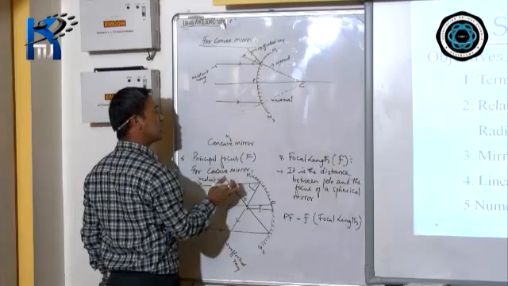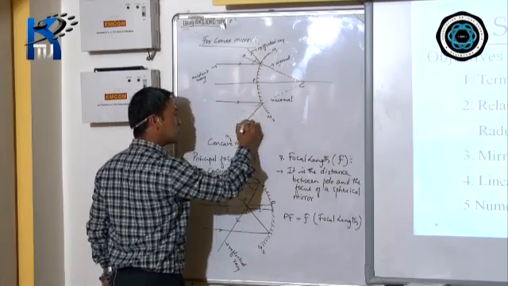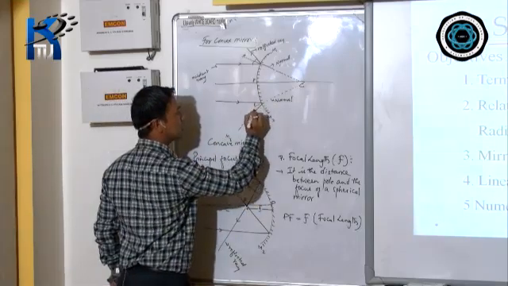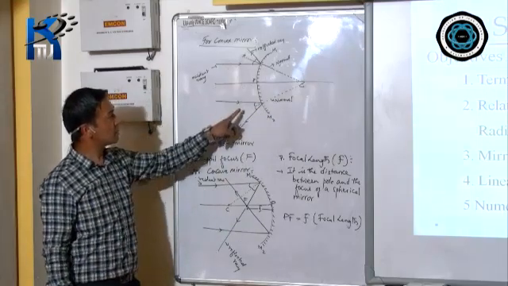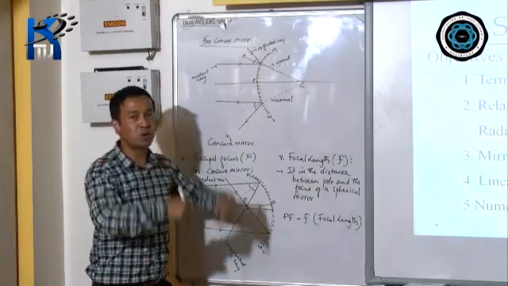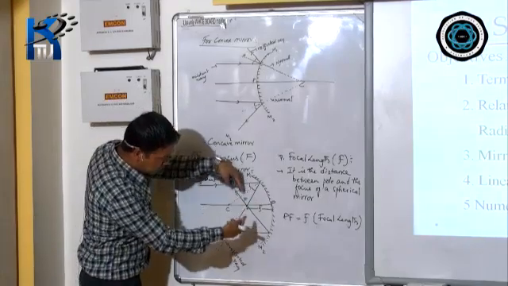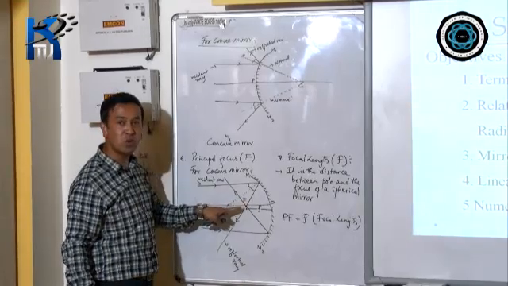So this is the incident ray, and the light is reflected in this direction. This makes the angle of incidence, and this makes the angle of reflection. But looking at this ray diagram, the reflected rays are not meeting at a point, whereas in a concave mirror the reflected rays actually meet at a point, and that point on the principal axis we define as focus.